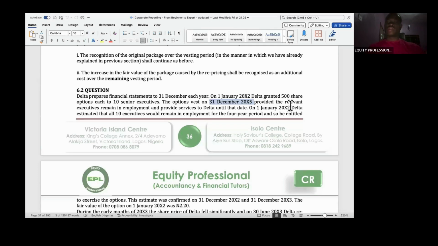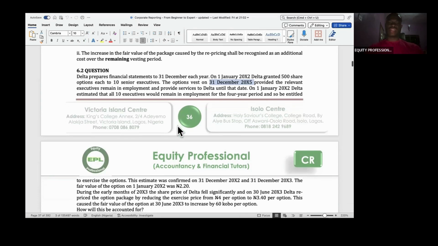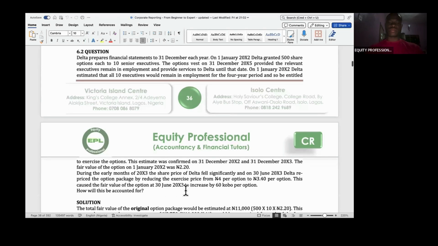On 4th January 2002, Delta estimated that all 10 executives would remain in employment for the 4-year period and so be entitled to exercise the options. This estimate was confirmed on 31st December 2002 and 31st December 2003. The fair value of the option on 4th January 2002 was 2 naira 20 kobo.